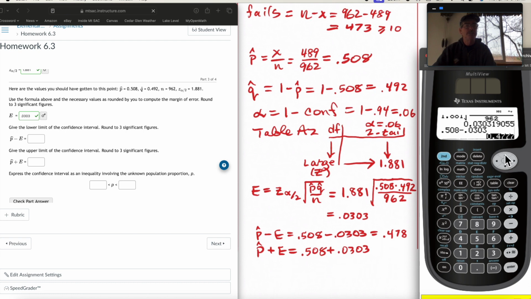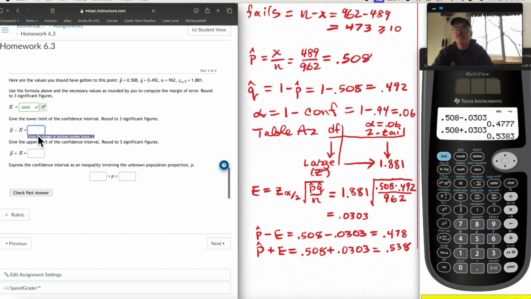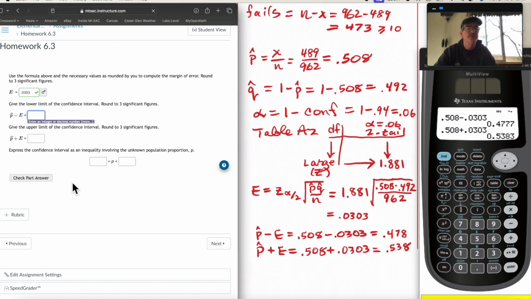I'm going to actually steal what I did before, copy paste, and change the minus to a plus. 0.538. Okay, so those are my limits, lower and upper. Okay, so the rest of this is, we're basically out of the woods here now.